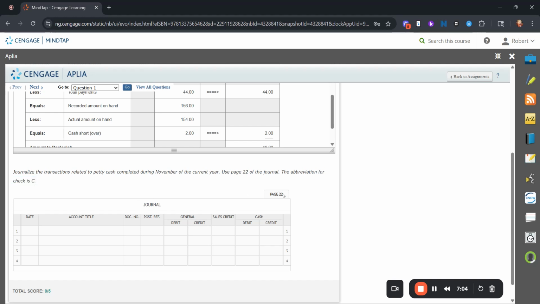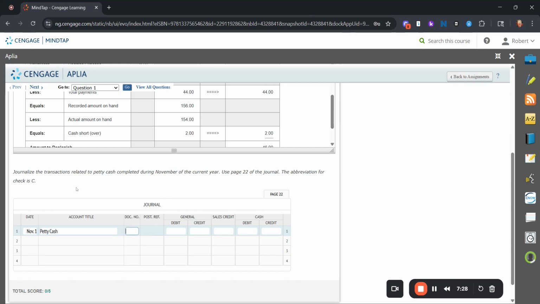Our journal's already marked there, so we'll put in here on the first date, November 1. Petty cash for the petty cash account.